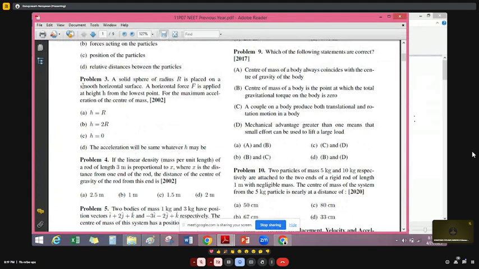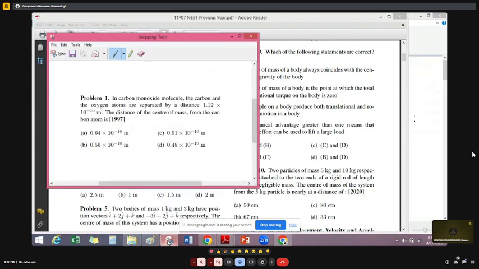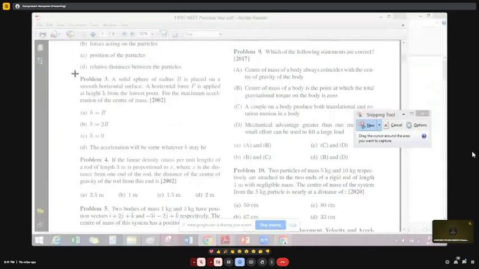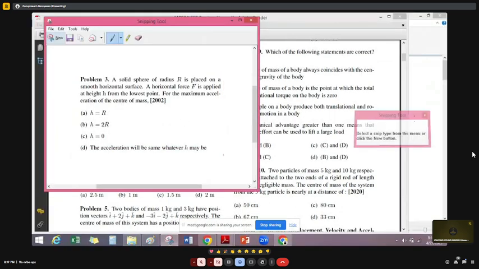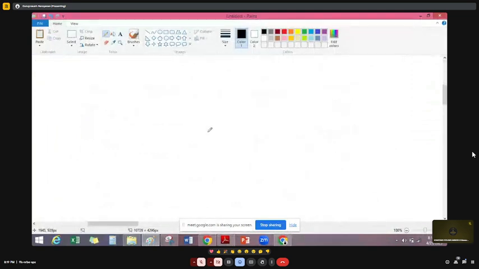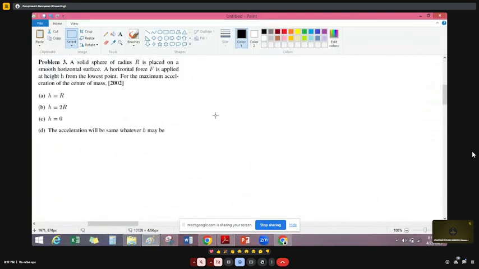This is like a smooth horizontal surface, so this is coming under rolling motion. When we study rolling motion, probably you will understand better. But I can tell you that this height is h equal to 0 from the ground.